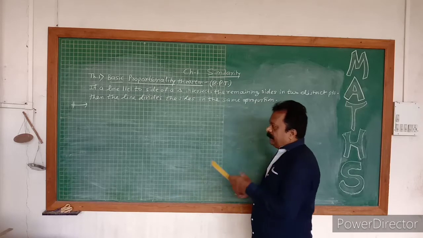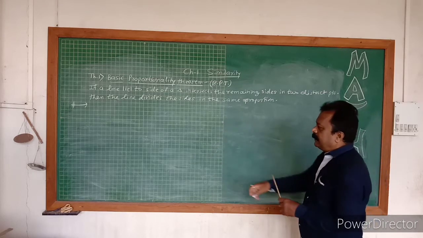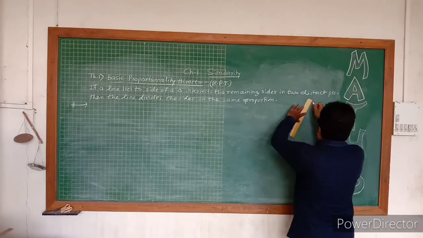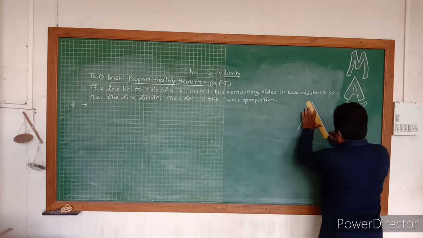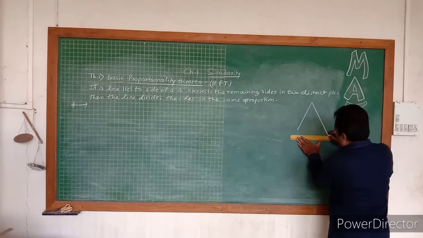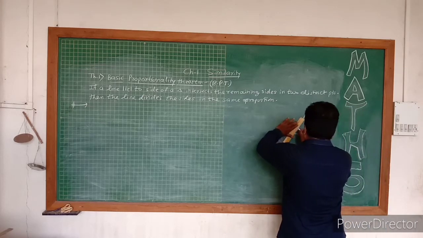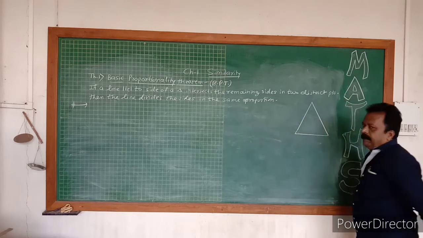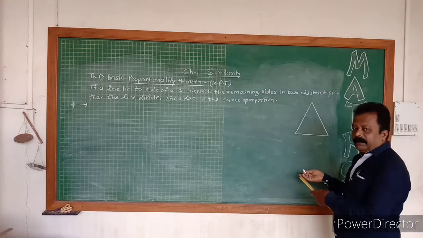For your convenience, I am drawing the figure here because I want to write something here. So draw a triangle and name it. I am writing ABC.